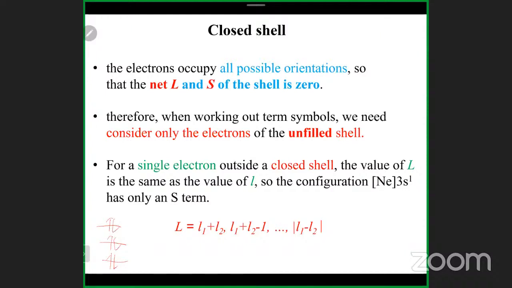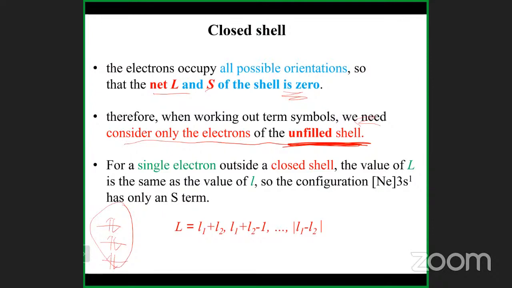So if all the shells are filled, i.e. everything is paired, the term that can arise is only the one where net L and S are equal to 0. So when we want to work out term symbols, we only need to consider electrons of the unfilled shell, because for filled shells, the net L and S will be equal to 0.